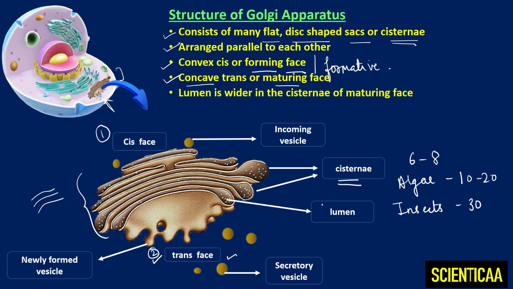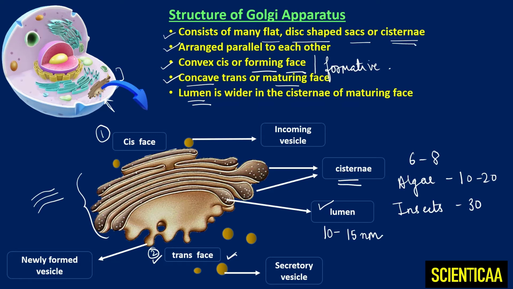Now, cisternae also enclose a space which is called the lumen, and it is around 10 to 15 nanometers in width. The lumen is seen as wider in the cisternae of the maturing or the trans phase.